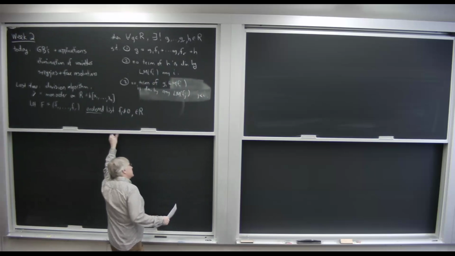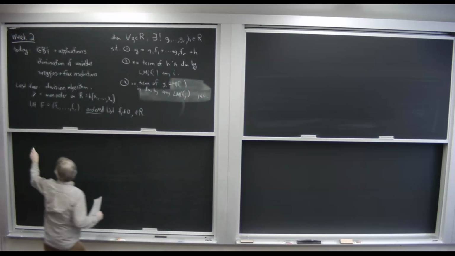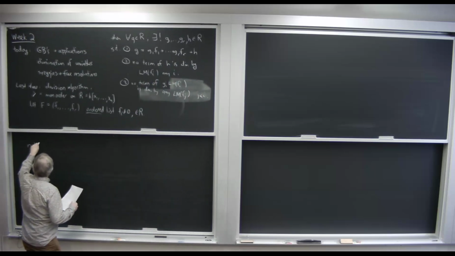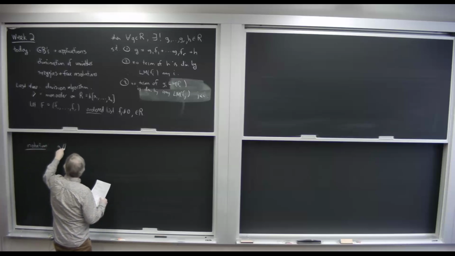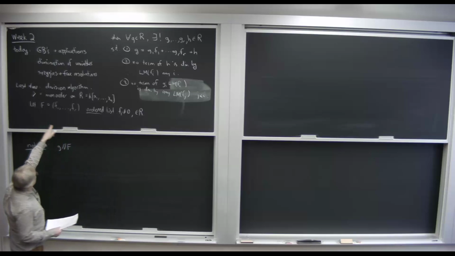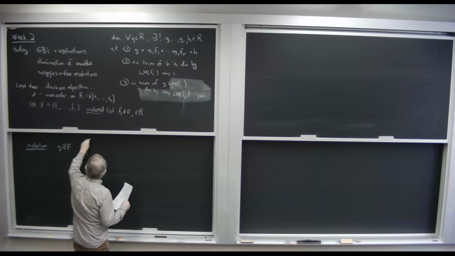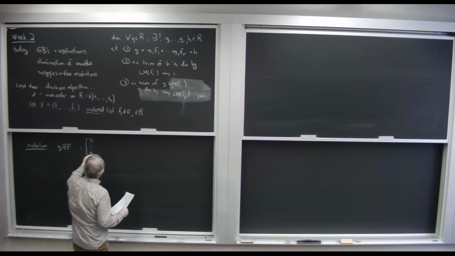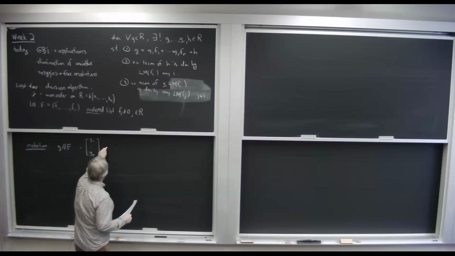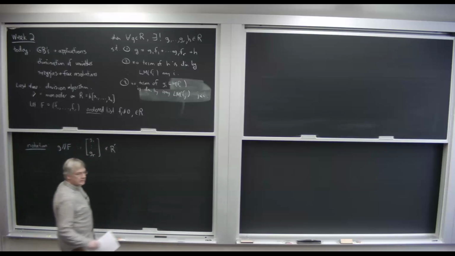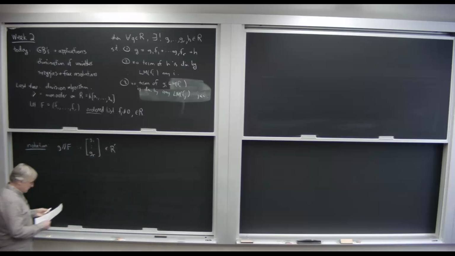And then the notation that we had here, I don't know if we actually said this, but g//F, where F is this ordered list, is going to equal g1 down to gr, in R^r. It's a column vector.